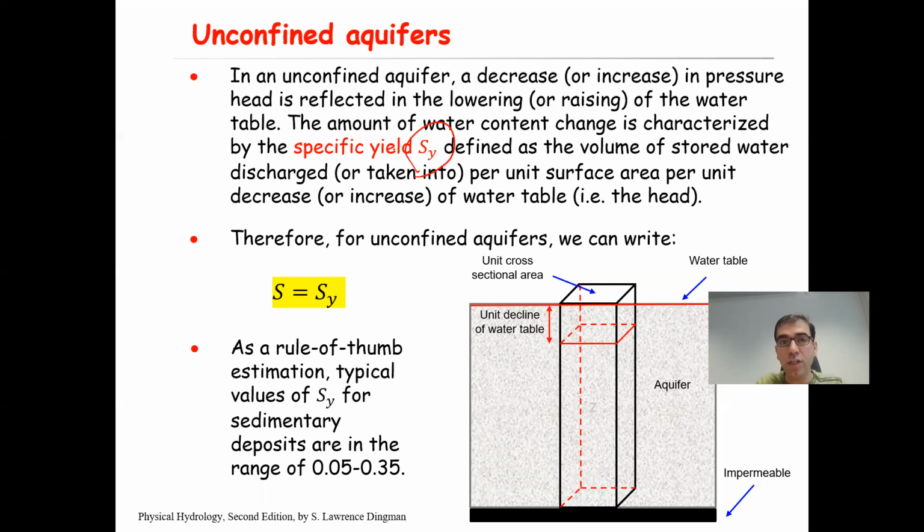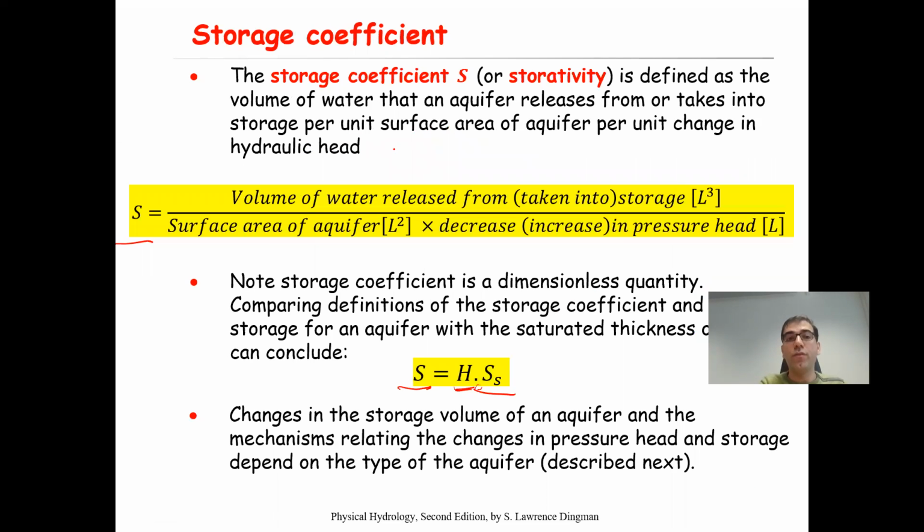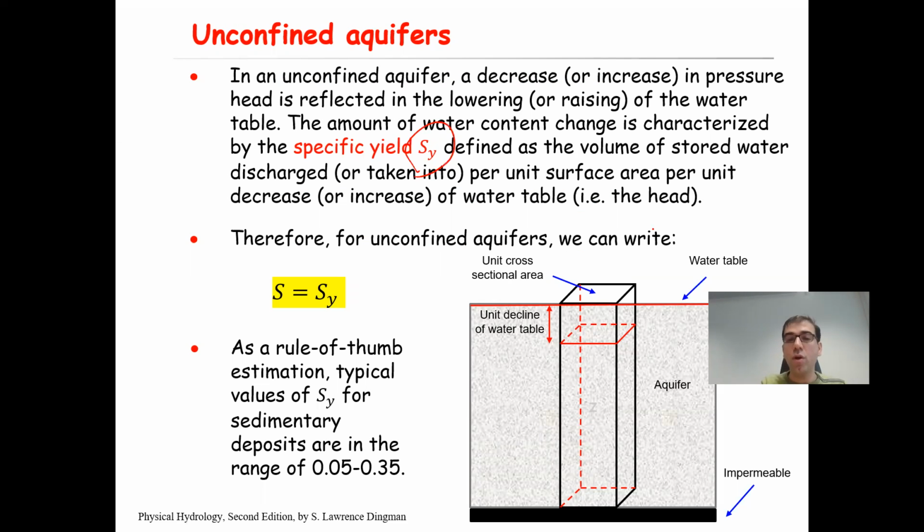This is literally the definition of the storage coefficient. So the definition is basically the same, and for the unconfined aquifer, the specific yield will be equal to the storage coefficient.